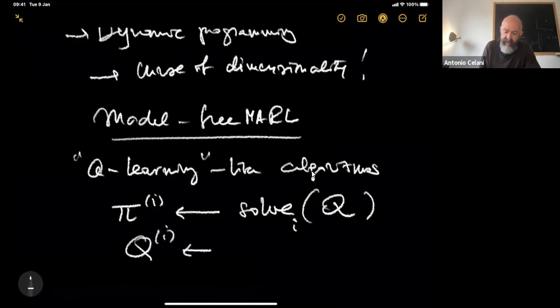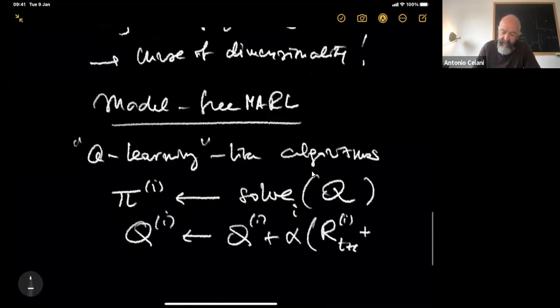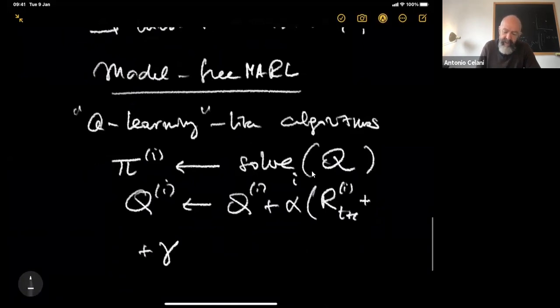You update it in the usual way, that is, you correct for the error, and the temporal difference error in this case is the reward that this agent i has picked at time t plus 1, plus gamma times something which, for Q-learning, would be the maximum over the possible actions at the new state s prime.